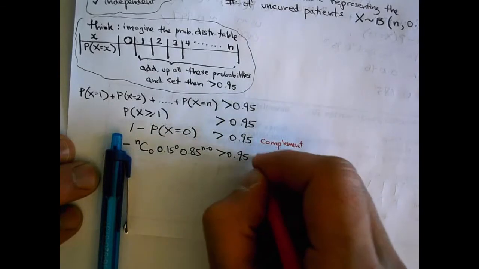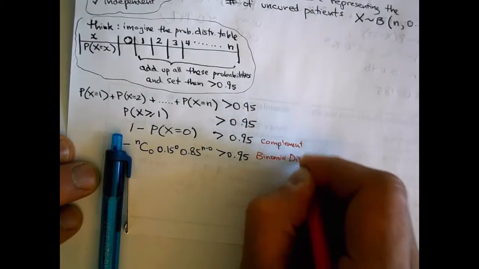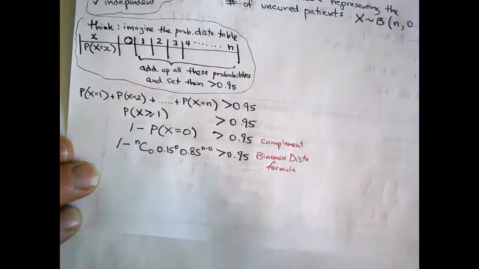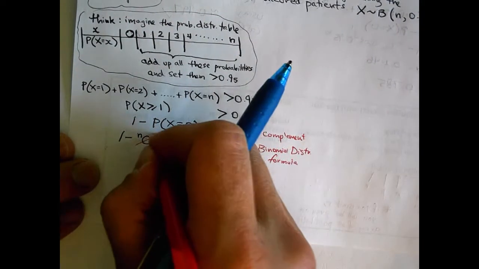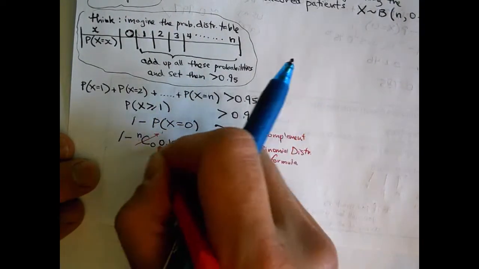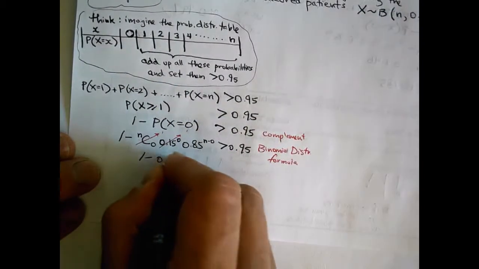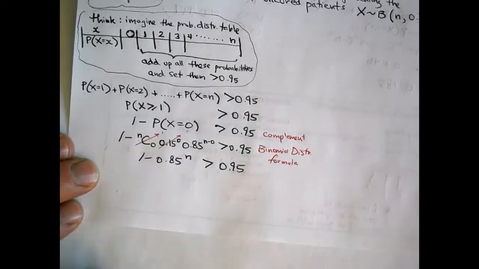So that's my binomial distribution formula. Okay, well, a few things here. Anything choose 0 is going to be 1, and anything to the power of 0 is going to be 1. So I end up with 1 minus 0.85 to the power of n is greater than 0.95.